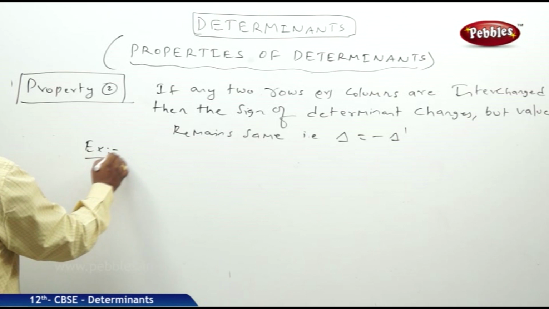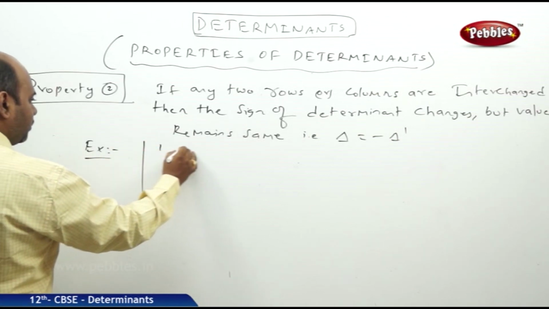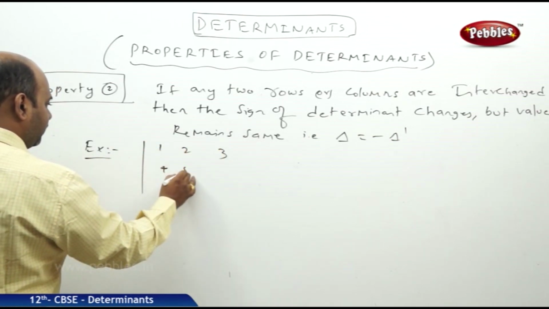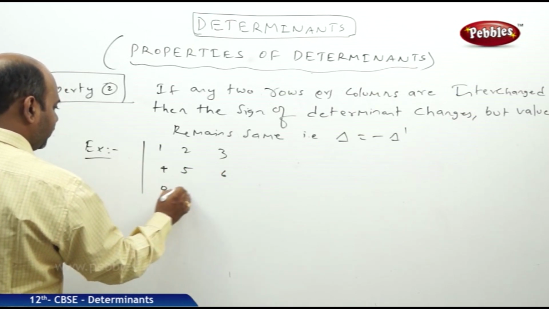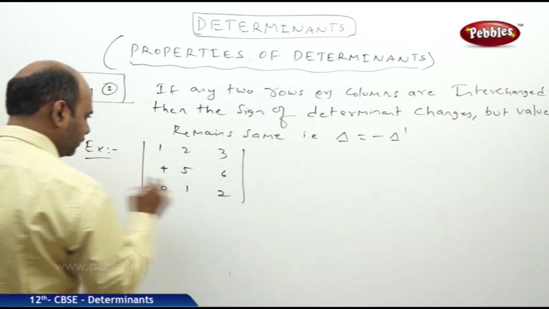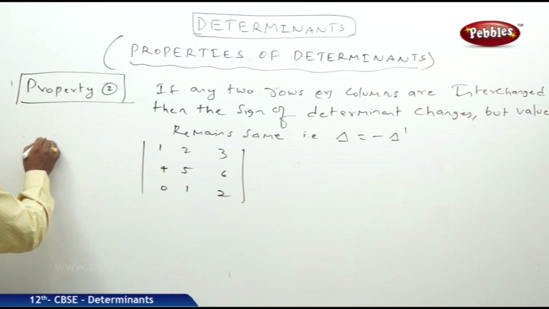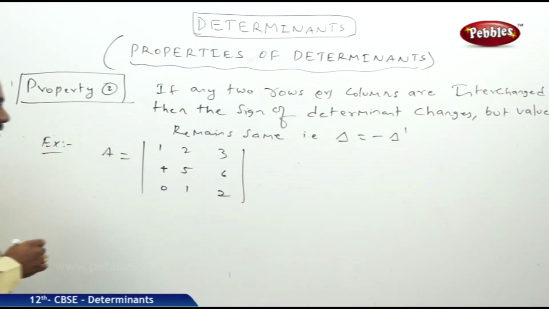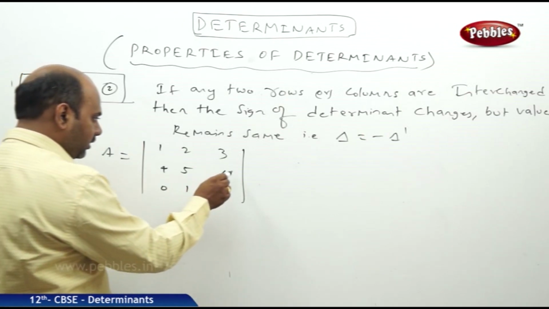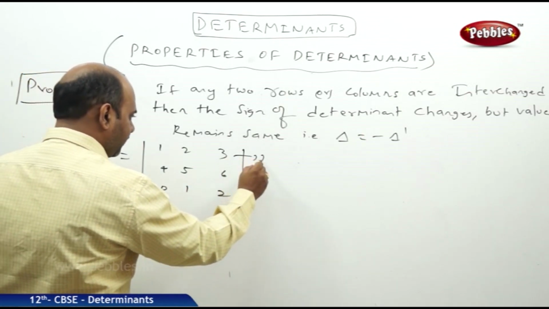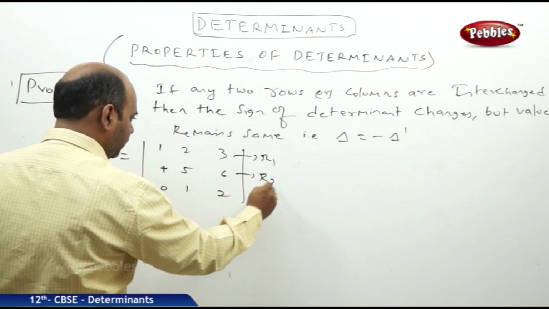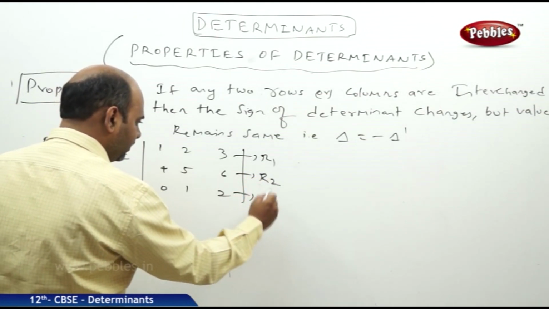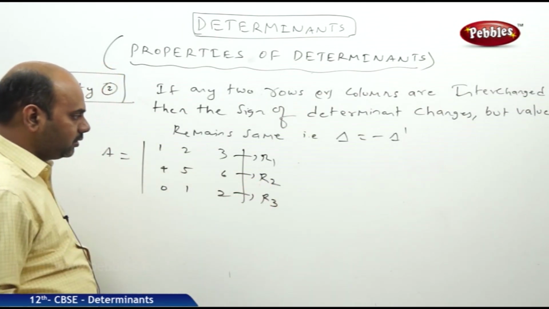Example, I will be taking a matrix 1 2 3, 4 5 6, 0 1 2. If you think of this as capital A, this is R1, this is R2 and this is R3. I want to interchange R2 and R3.